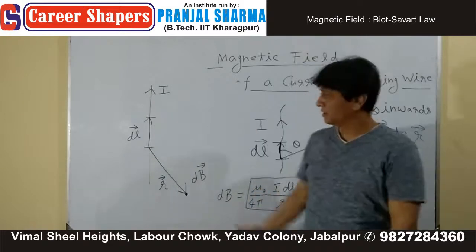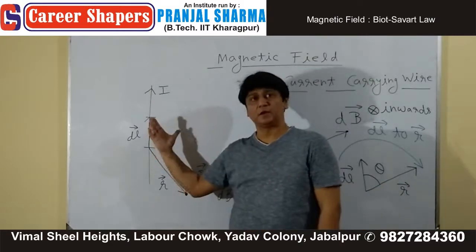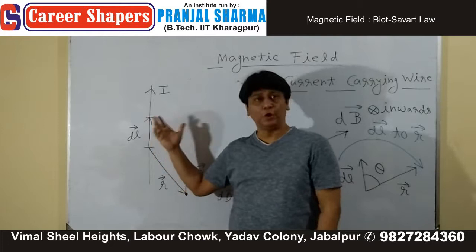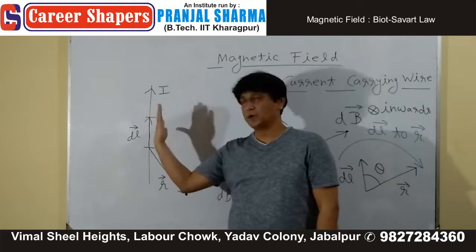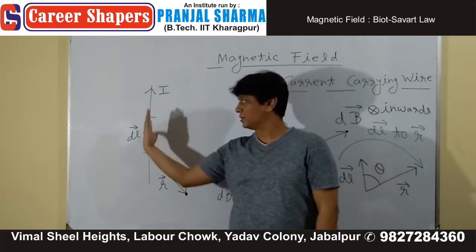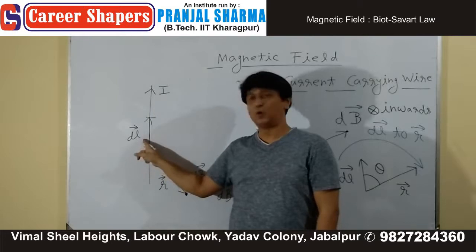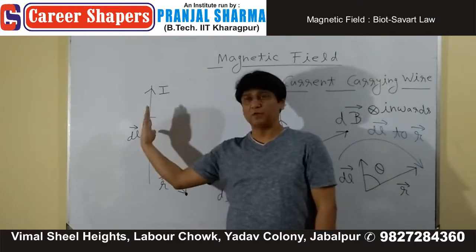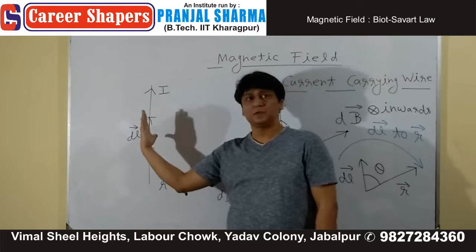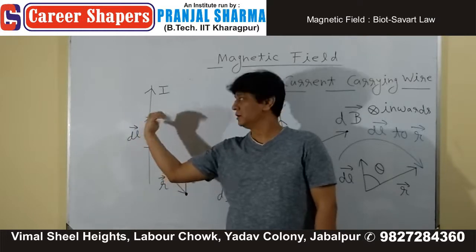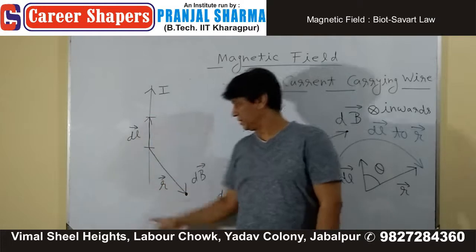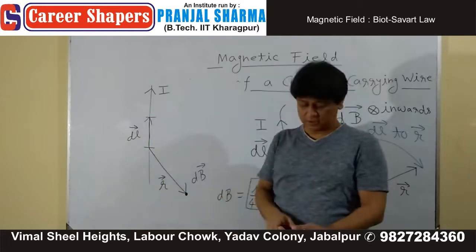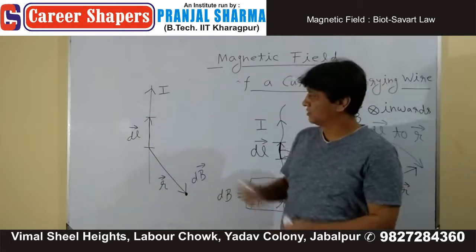Now, for that we need what? Right hand. This is your right hand. Now, how should you hold your right hand? Fingers should point along dl, make them parallel to this dl vector, and then the curl should be towards r. So this is the curl.